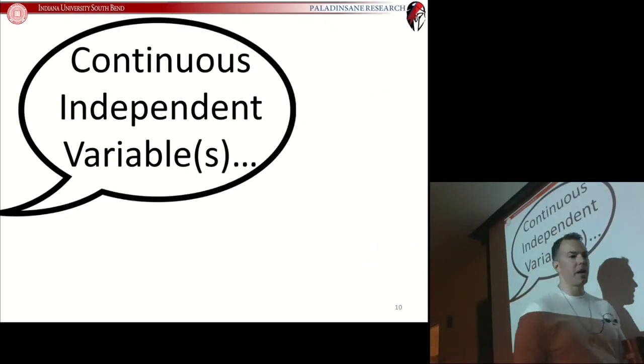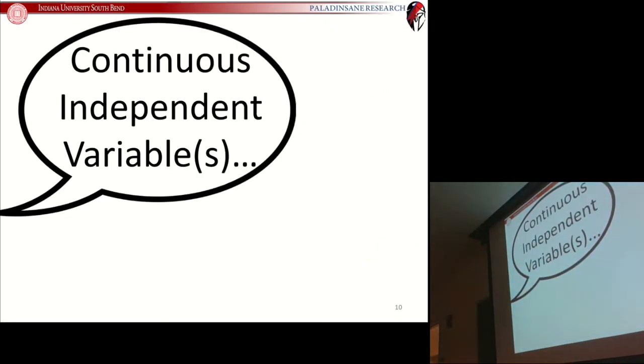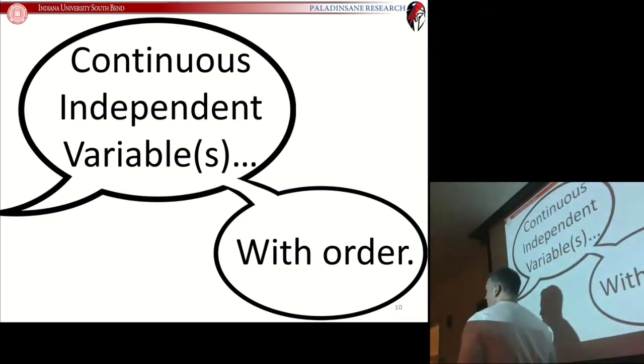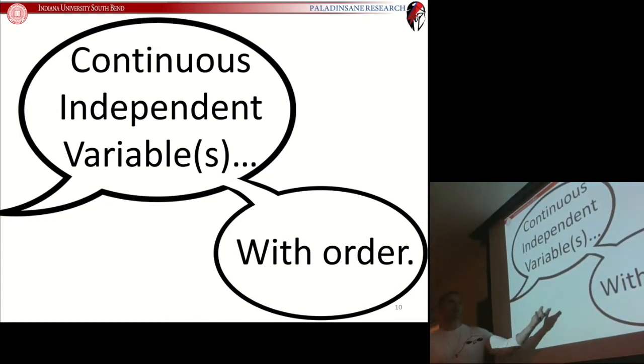All right, next one. So here we have the situation for you. Continuous independent variables with order. A continuous independent variable almost goes without saying that it's with order, right? You can't have a continuum without being able to order people on that continuum.